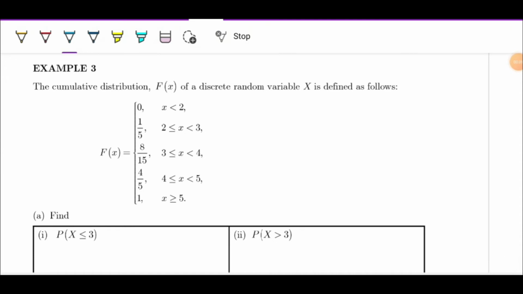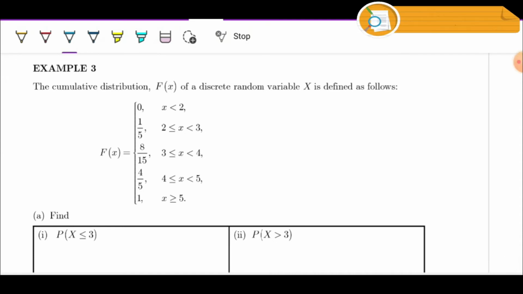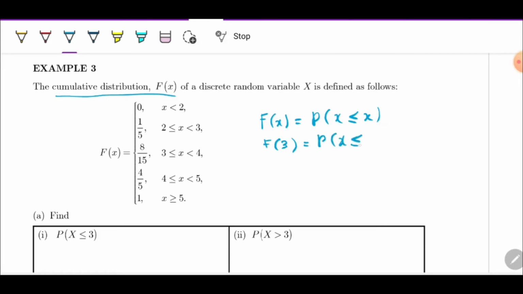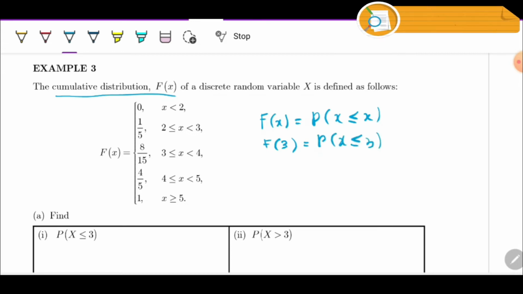Example 3. In this example, I want to show you how to find the probability from the CDF. By definition, the CDF, or capital Fx, is equal to the probability of X less than or equal to x. For example, F3 is equal to the probability of X less than or equal to 3.